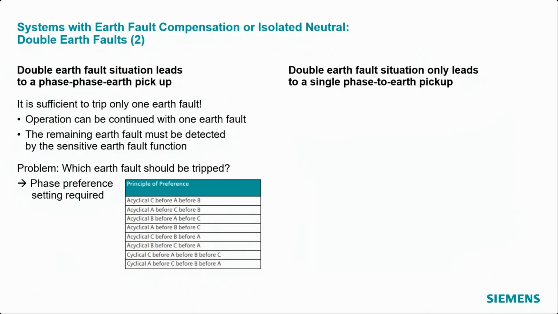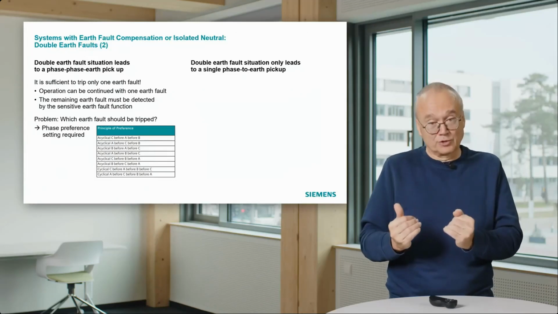I will only trip the line. I see that I have a phase 1 and phase 2 cross-country fault, but I will only trip if the phase 1 to ground fault is on my line. All other relays, that means even the relay which sees the phase 2 to ground fault of this cross-country fault on its own line, would in this case not trip.